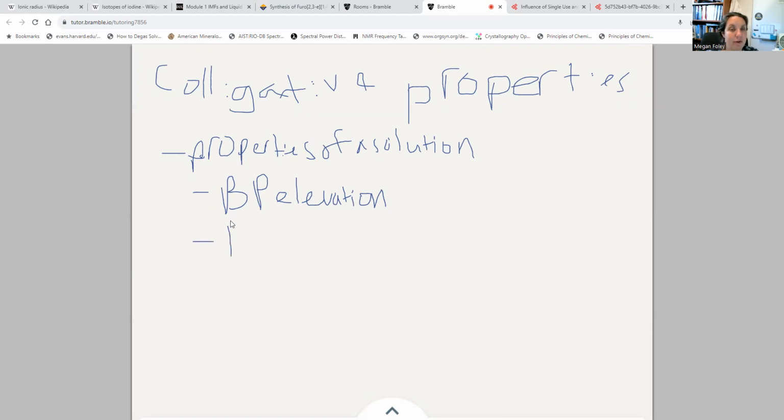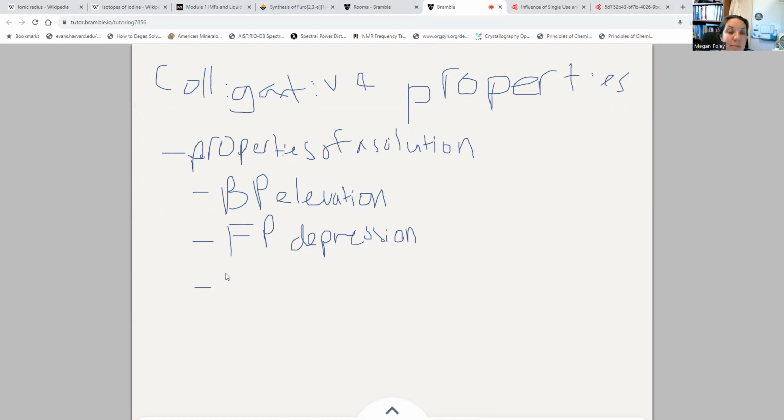And then we've got freezing point depression. Again, if you have a solution, that solution's freezing point will be depressed, or lower, than the freezing point of the pure solvent.